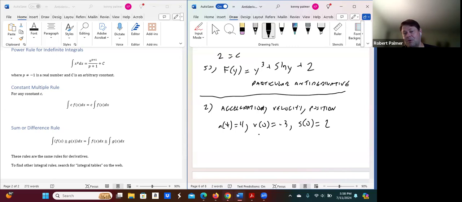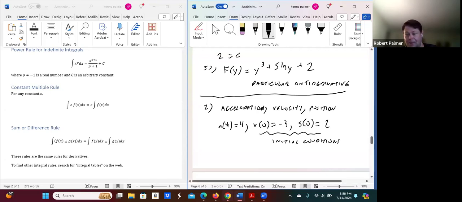And these are both called initial conditions. Initial condition means those are conditions, you hear this in science a lot, in engineering a lot, with respect to time, so initial means beginning. So these are beginning conditions when time is equal to 0. We're starting with a position of 2 and a velocity of negative 3.